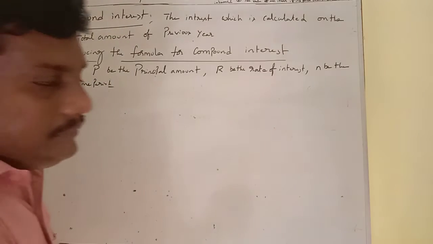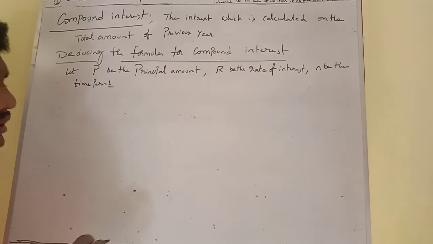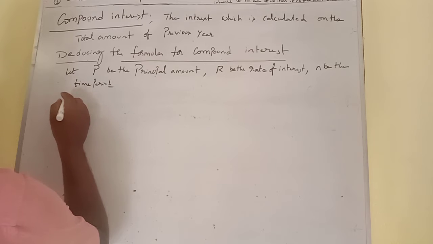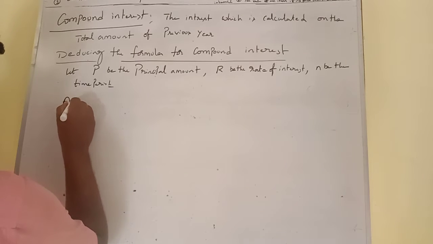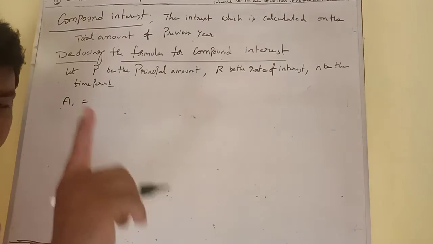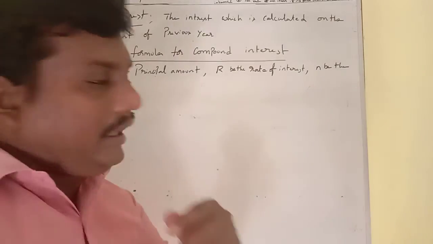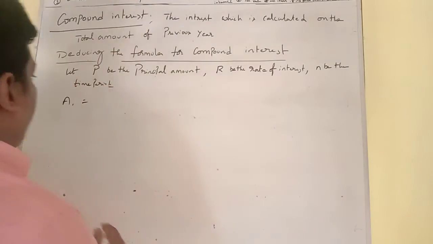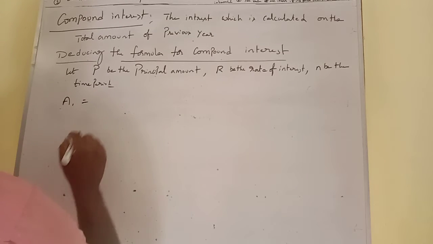Let me see first. We are going to find the amount for the principal. Let me take this as A1, the amount in the first year, or first conversion period.